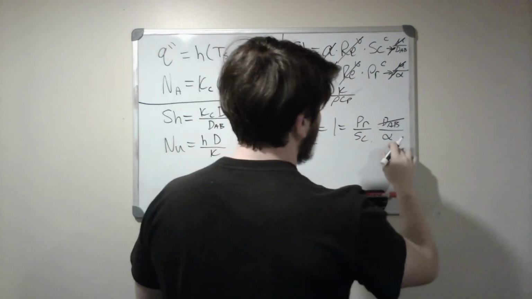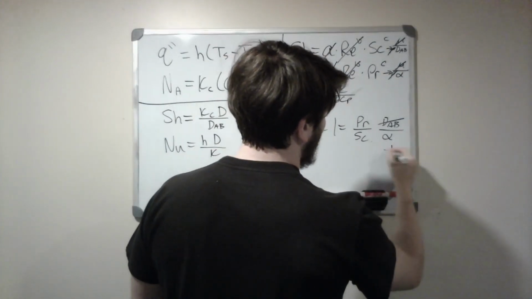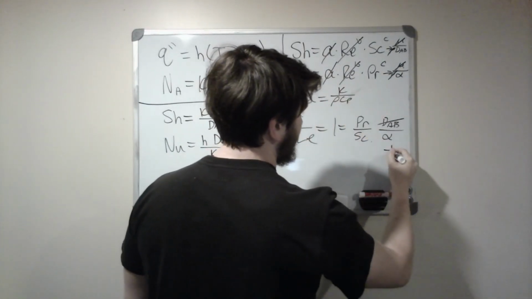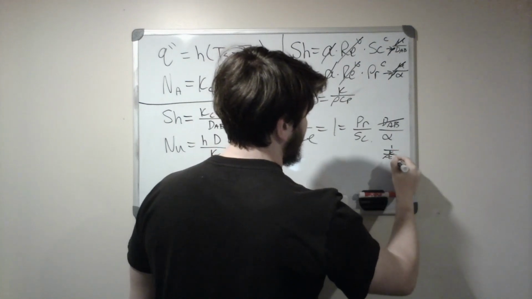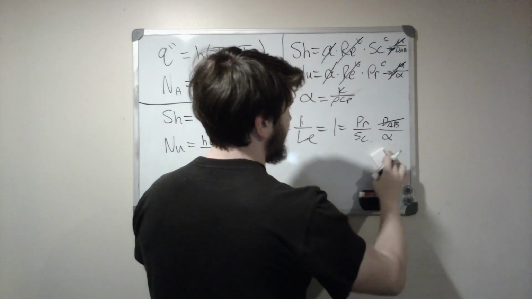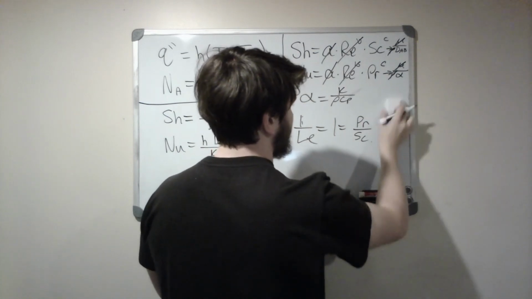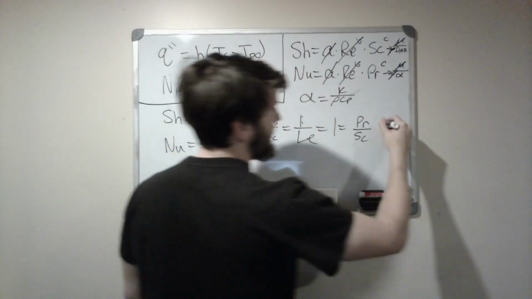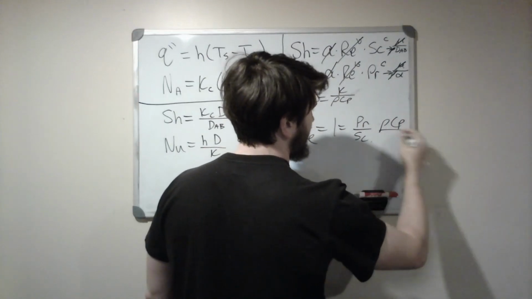And so over here, that means it's going to be 1 over that value there, k over rho Cp, which allows us to move that rho Cp to the top there. And we can rewrite it right now here. So rho Cp over k.